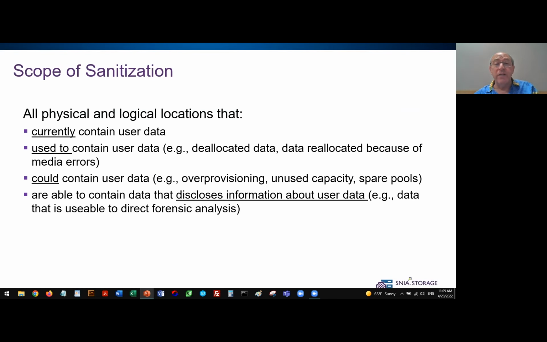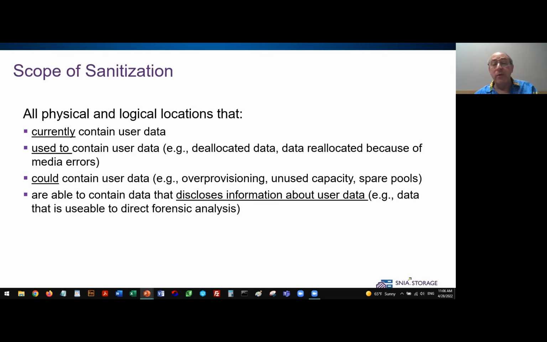The scope of sanitization is everything that is user data, was user data, or could be user data. It's also within scope to sanitize information about user data.